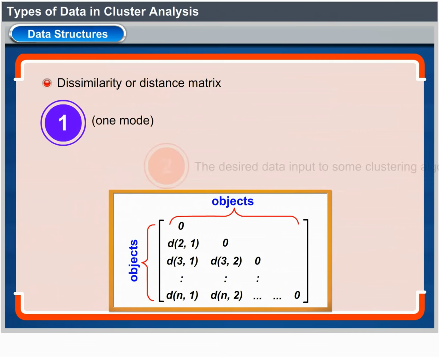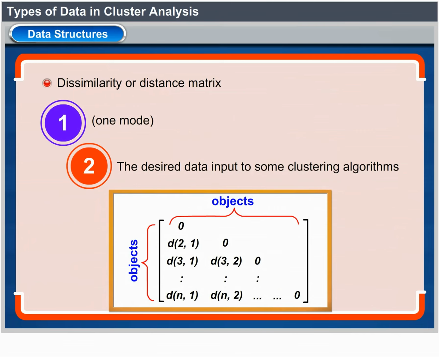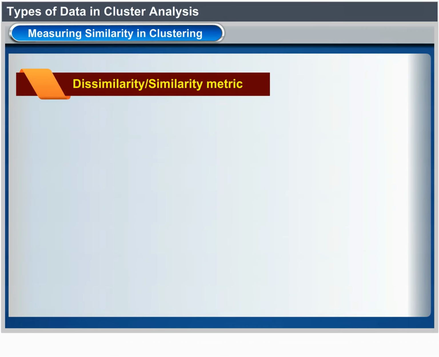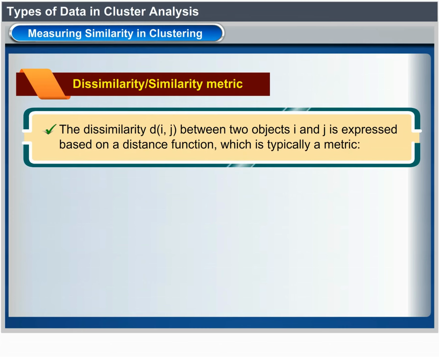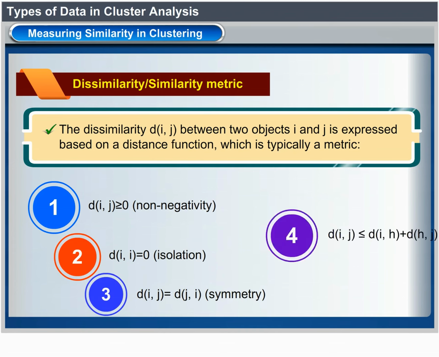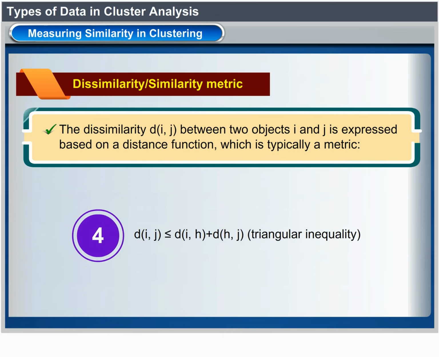Measuring similarity in clustering. Dissimilarity or similarity metric. The dissimilarity d(i,j) between two objects i and j is expressed in terms of a distance function, which is typically a metric. d(i,j) is greater than or equal to 0, non-negativity. d(i,i) is 0, isolation. d(i,j) equals d(j,i), symmetry. d(i,j) is less than or equal to d(i,h) plus d(h,j), triangular inequality.